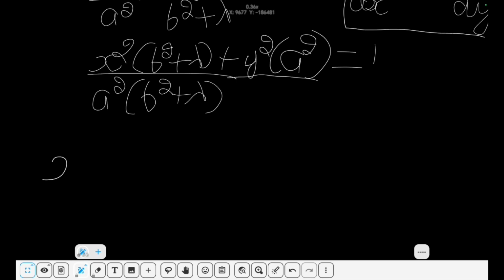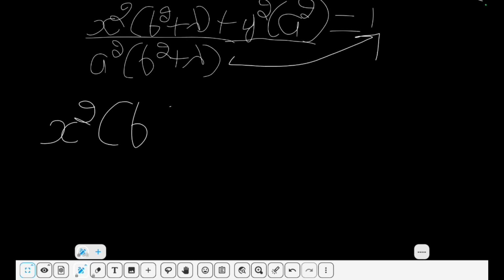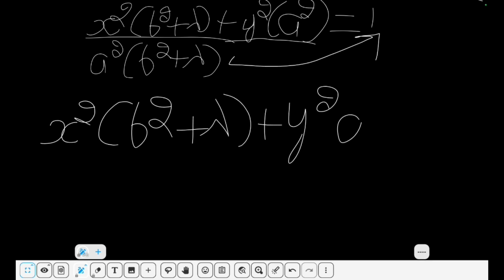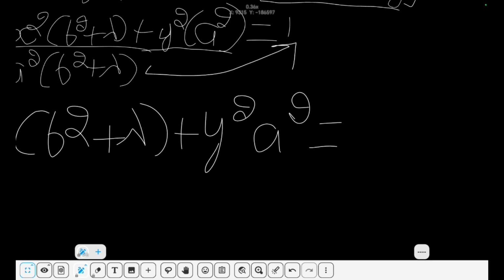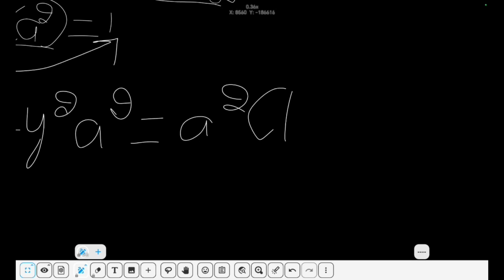Now let us shift the denominator to the right hand side. That becomes b square plus lambda plus y square a square, that equals a square b square plus lambda.